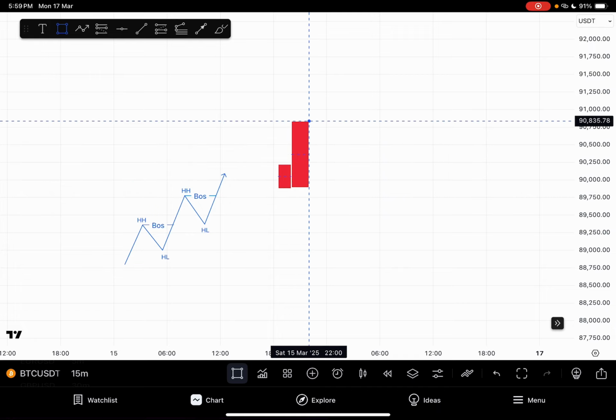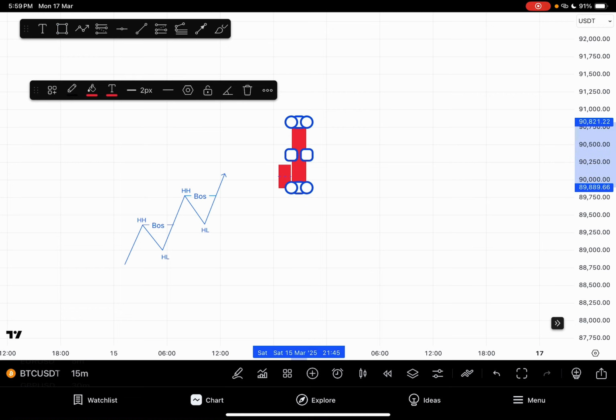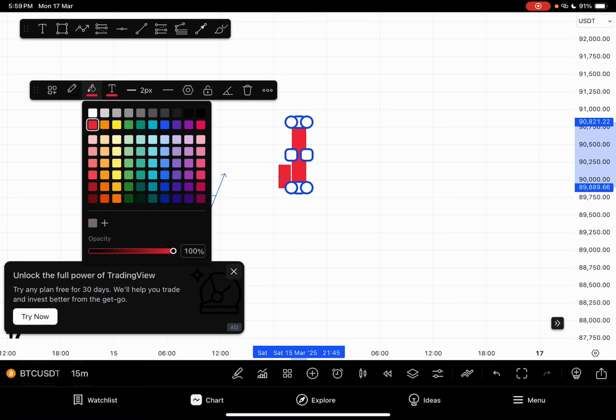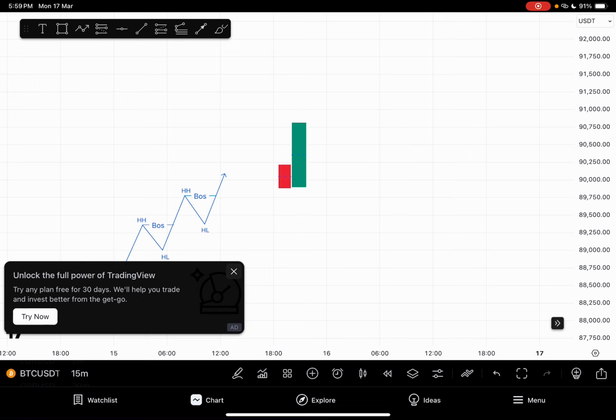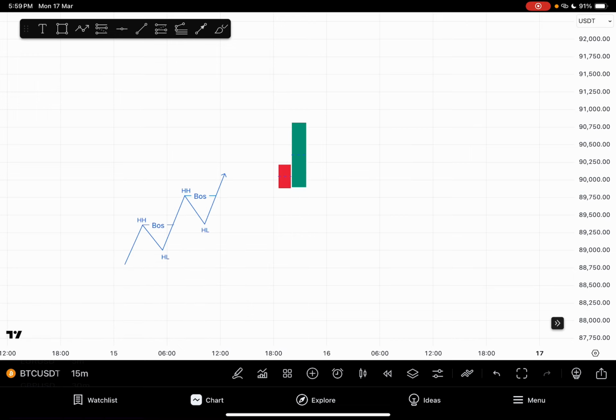And for the bullish order block to be valid, you must see a big green candle, and the green candle must be bigger than the red candlestick. That's for a bullish order block.